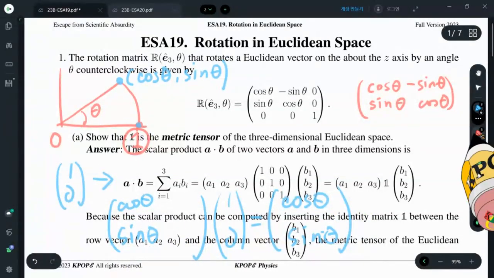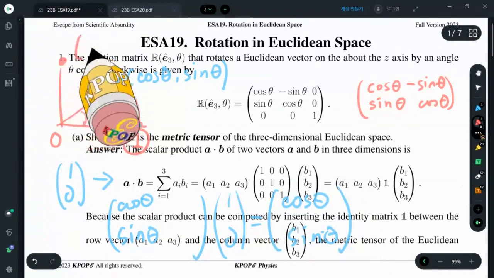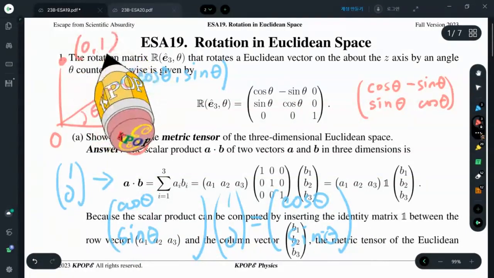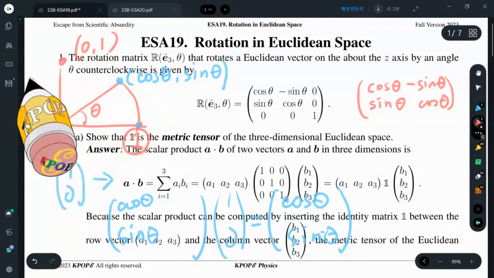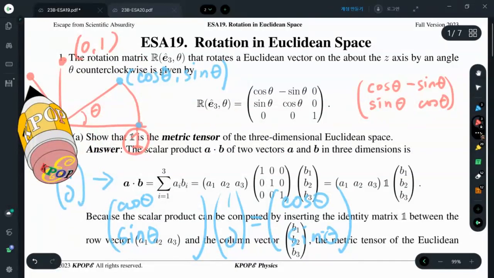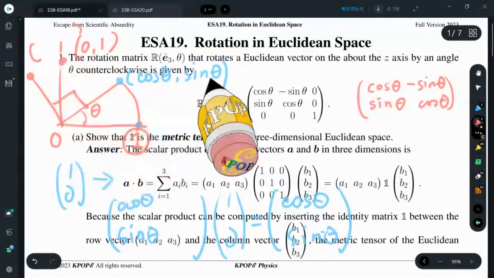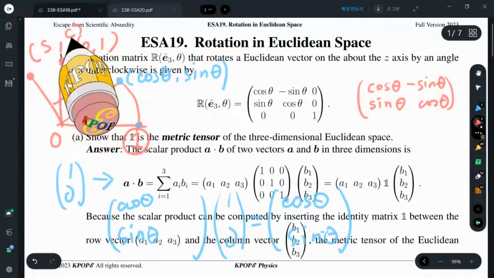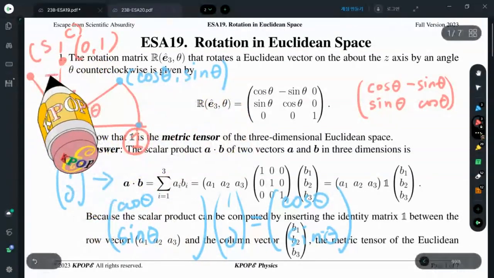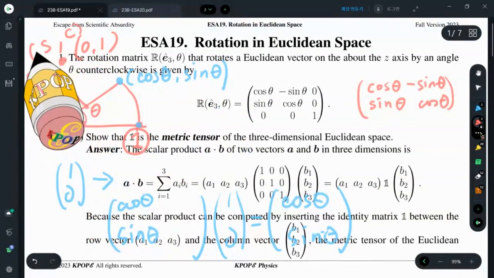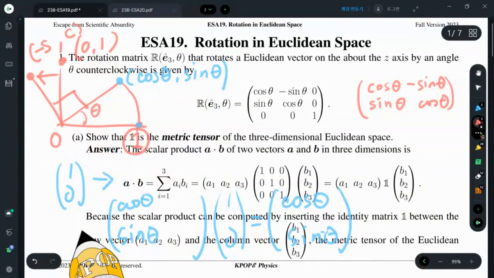And then you rotate 0, 1. It rotates to this point, and it is a right angle, so cosine and sine are flipped. Remember, this is on the left side, so you have to put the negative sign on it.